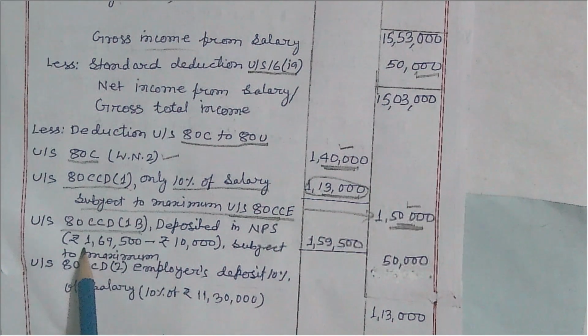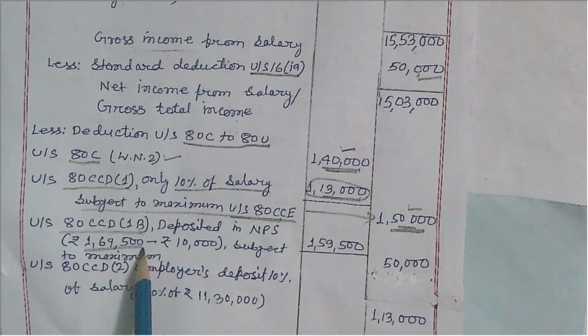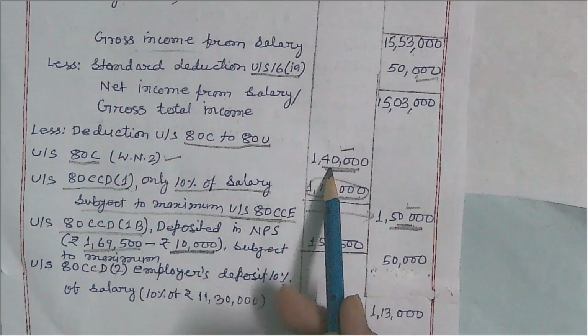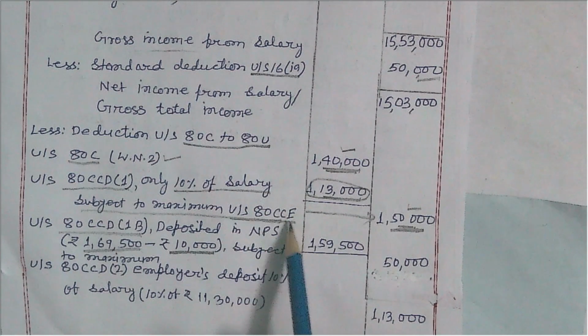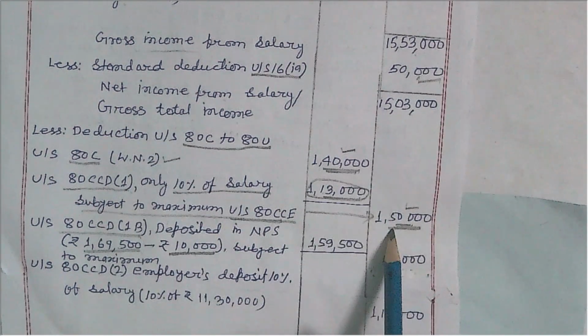So 15% of salary is 1,69,500, and out of this 10,000 is deducted here under section 80CCE. This 10,000 is included in this 1,50,000.